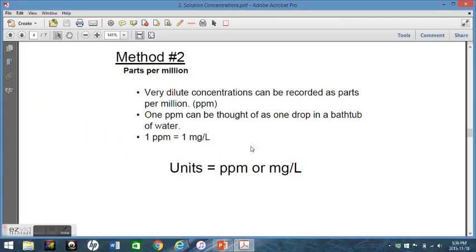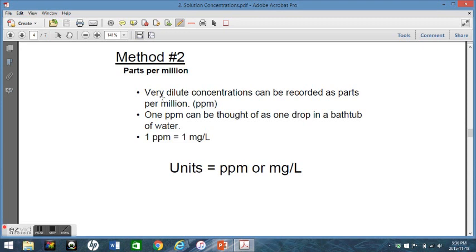Method dealing with concentrations. And this is just other ways of determining or calculating the concentration of a solution. Very frequently, when you have a very dilute concentration, it might be recorded in parts per million.